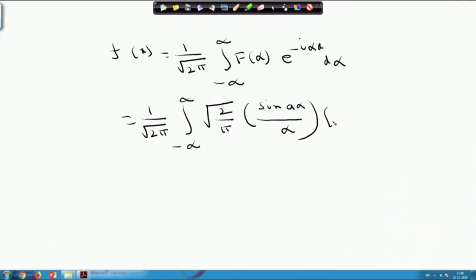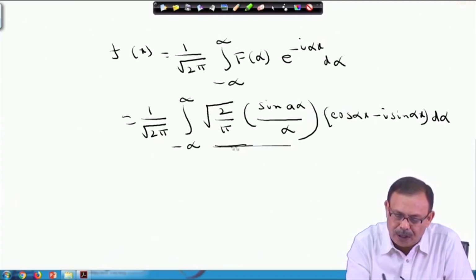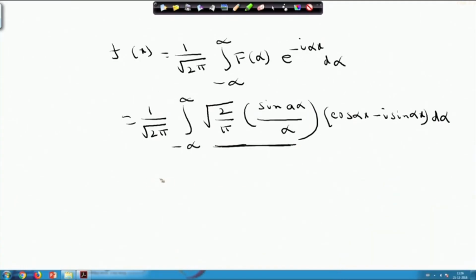And e power minus i alpha x I can break into cos of alpha x minus i sin alpha x, into d alpha. This value of F(alpha) we have substituted from equation 1 over here.